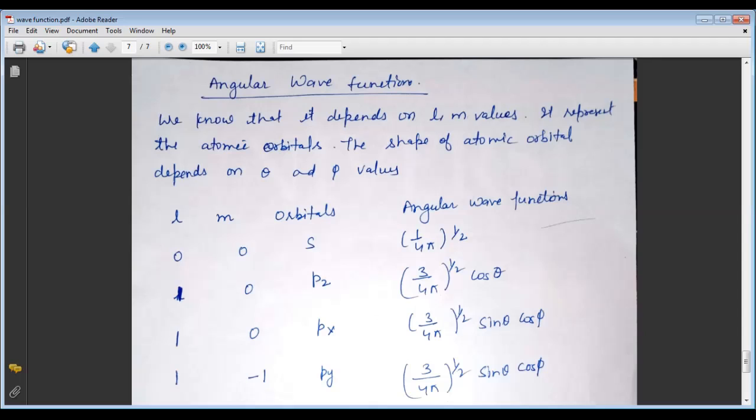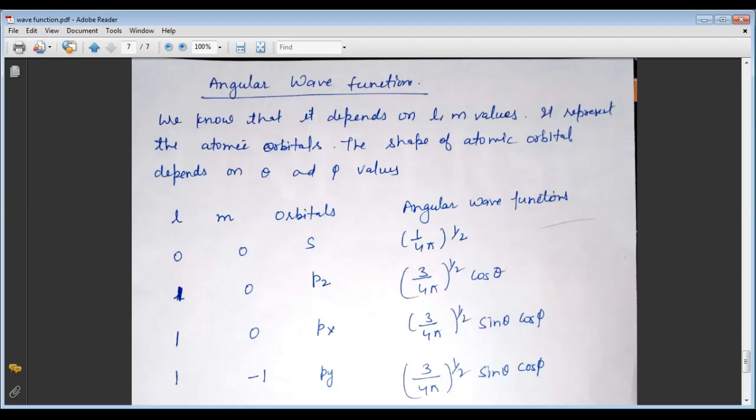And for l is 1 and m is -1, it shows the py orbital, with the angular wave function under root 3 upon 4 pi sine theta sine phi. When n is 2 and l is 0, the orbital is the 2s orbital, which is spherical in shape.